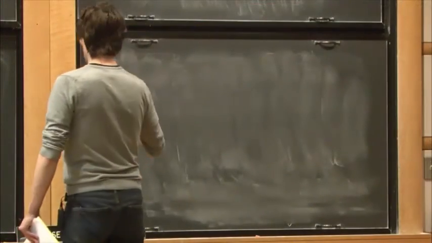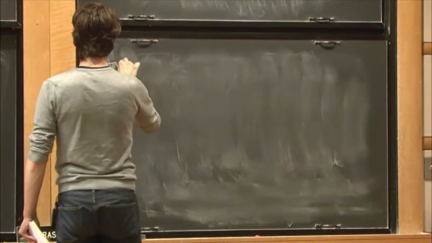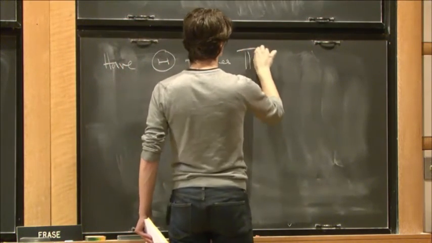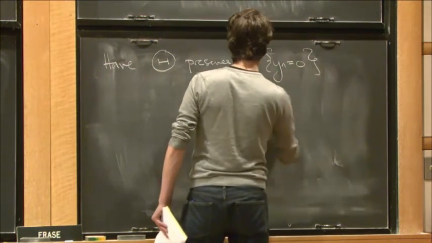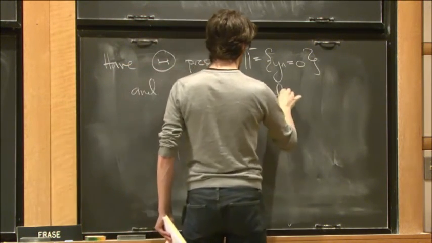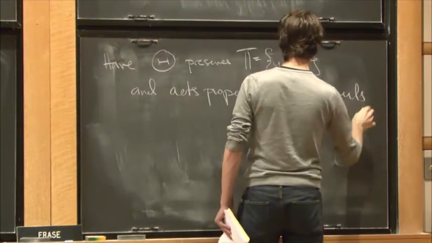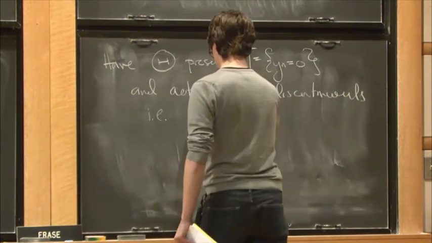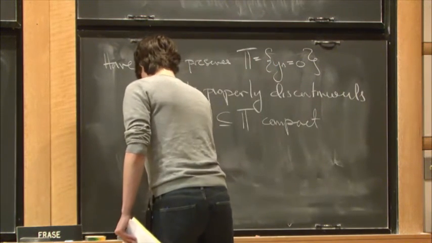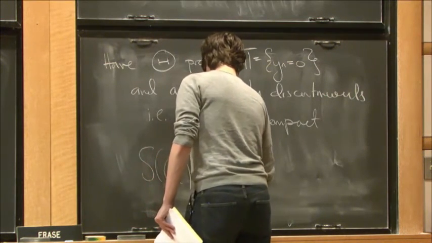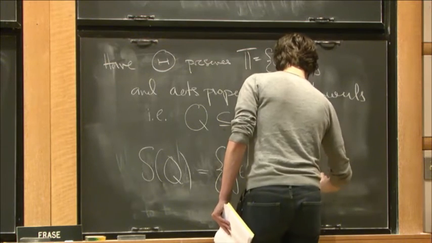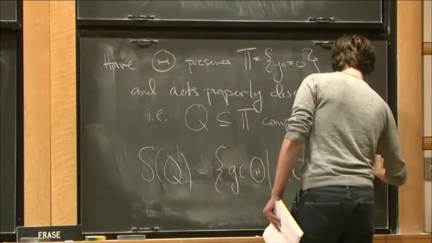So you have that this group preserves the plane y_n equals 0 and acts properly discontinuously, i.e., that if you have some compact subset Q, then S of Q, which is defined to be the g's such that g of Q intersect Q does not equal the empty set, is finite.